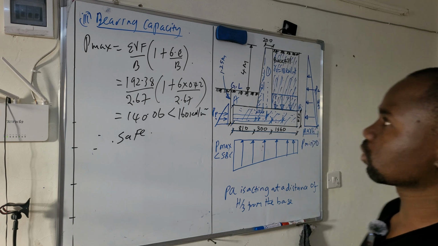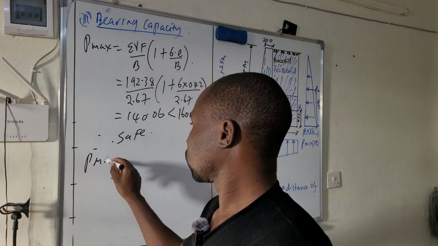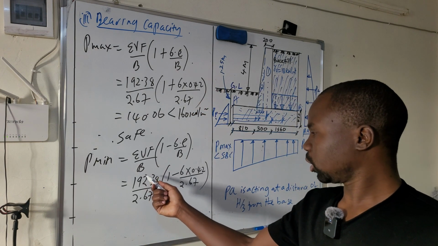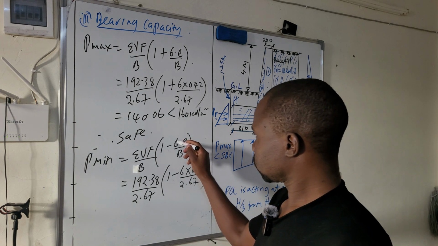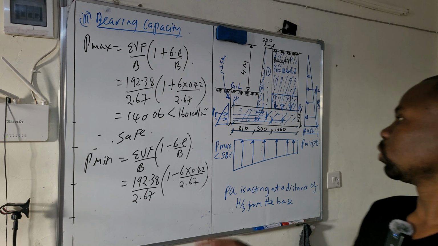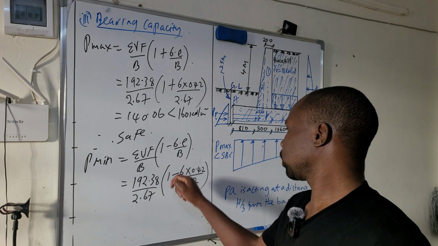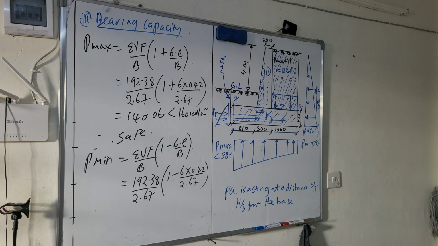So let's calculate the P minimum. P minimum is equal to summation of vertical forces over B, 1 minus 6E over B, like that, and then you insert the values in the equation and carry out the operation.